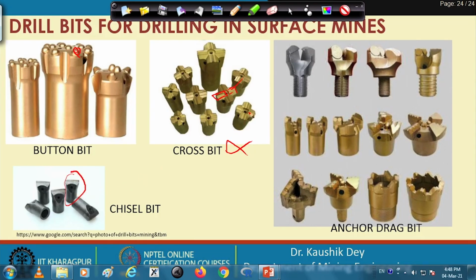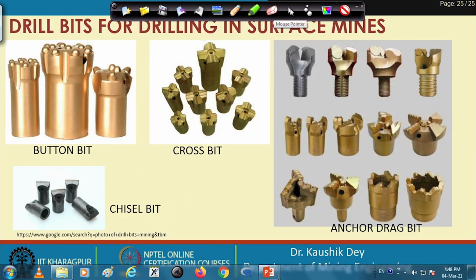Here also, similar to the cross bit, tips are provided, but in this case a single tip is provided, which is deeply impregnated with the drill rod itself, and sometimes also with the bit. This is the chisel bit, commonly used in handheld drill machines or wagon drill machines, in jackhammer type drill machine operations.